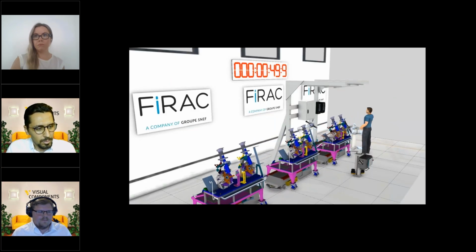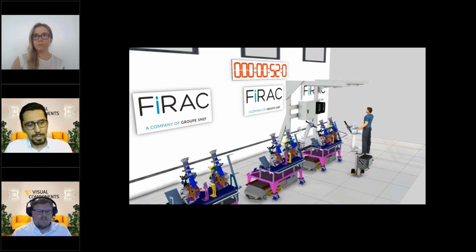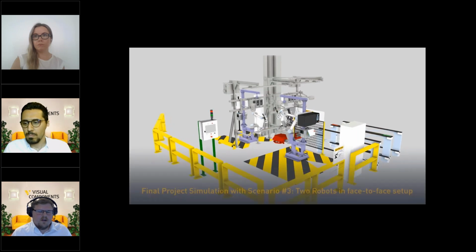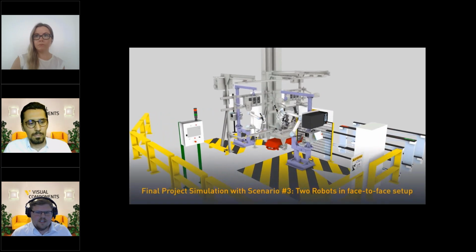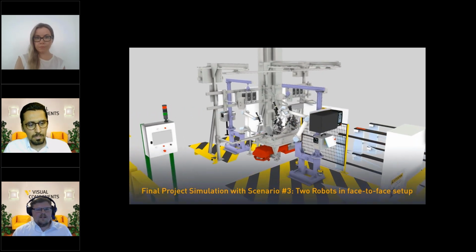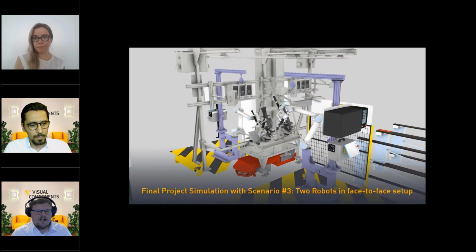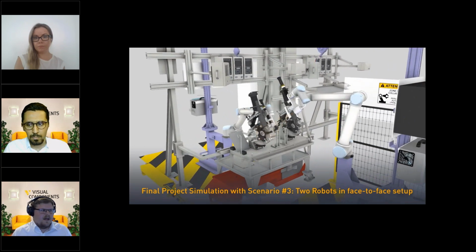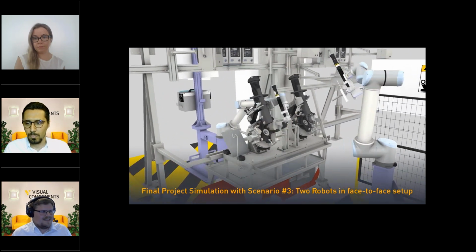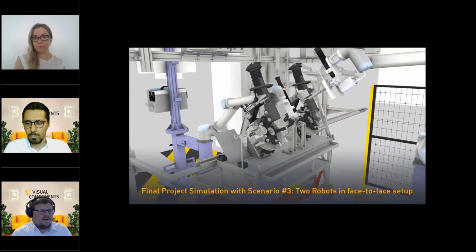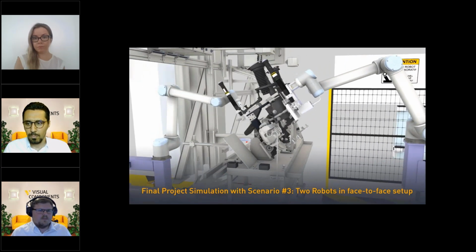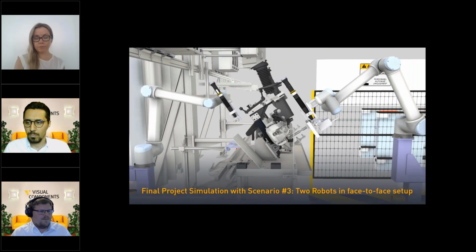So here, Chris, what kind of requirements did PSA Group have on this design? Yeah, so basically they wanted to get away from these deviations in cycle time, right? So they wanted to have a new cell that would have a cycle time less than 60 seconds. They also wanted the cycle time to be stable, and they wanted the final solution to be possible to implement on the shop floor.